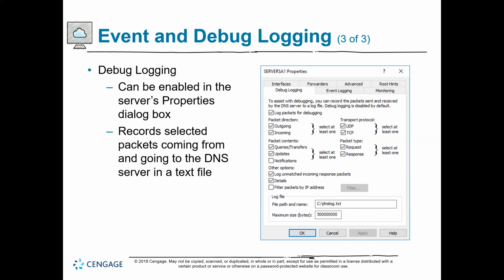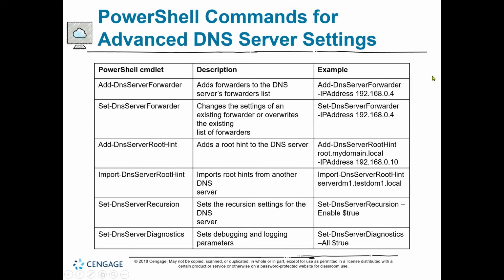That way you can go and look things up if you ever have anything you need to check on. I am not going to read all these for you because you'd probably start bleeding out of your ears and eyes. But this is a nice little table that you might want to screenshot or copy for yourself. It's a nice list of your PowerShell cmdlets, descriptions, and examples of how they will be run.